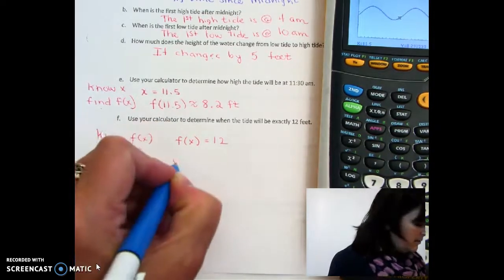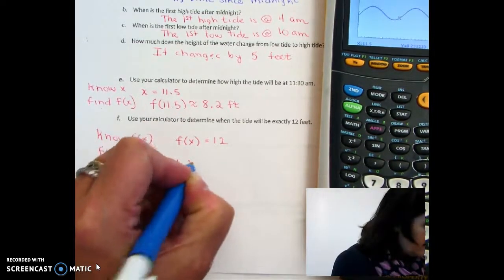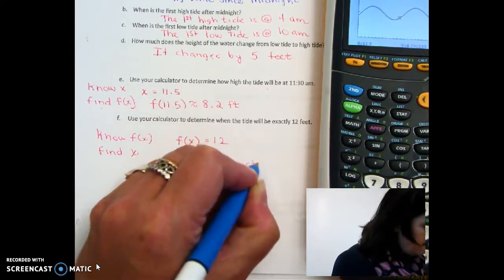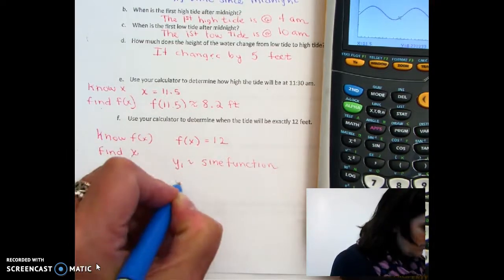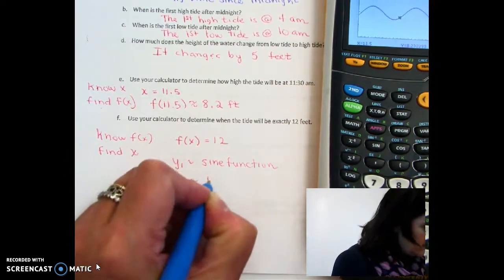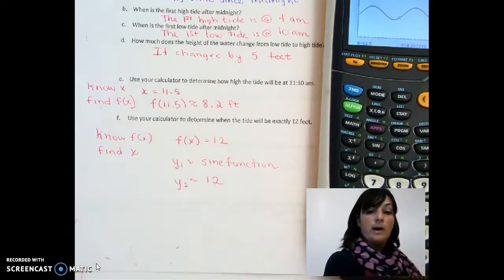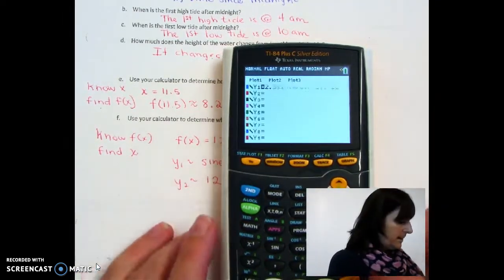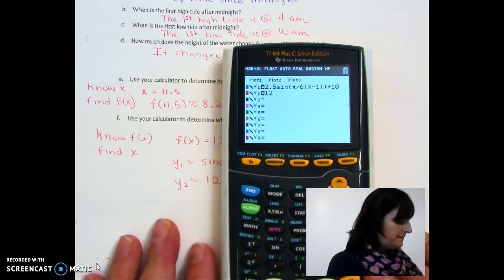So what we do here is we're going to enter into y1 our sine function. I already have that done. And then in y2, I'm going to enter the other side of the equation. I'm going to enter 12. Let me show you. So right here, I'm going to enter in 12.